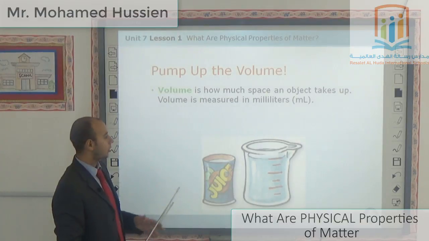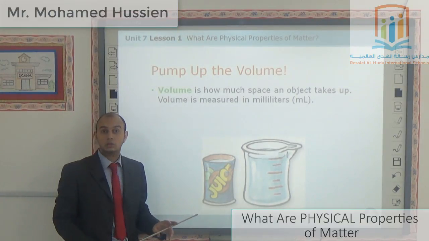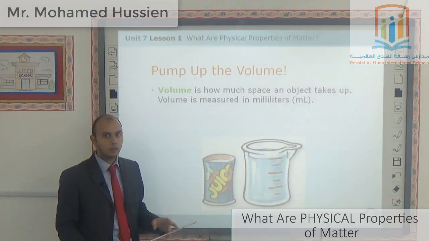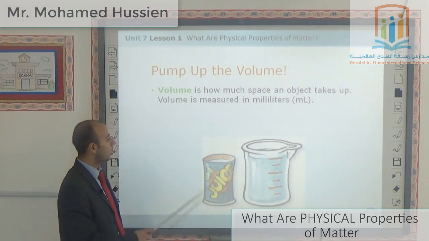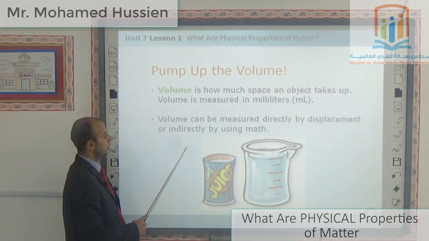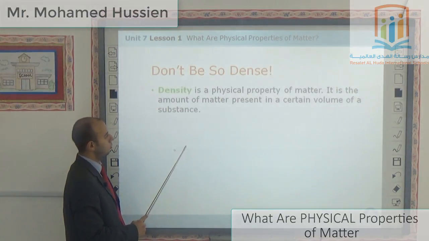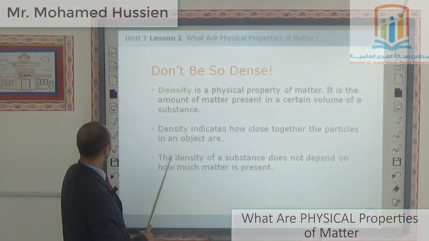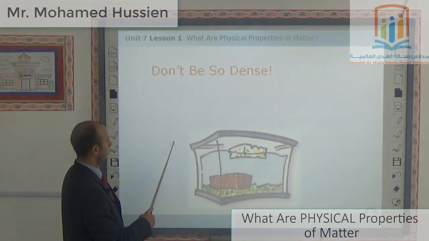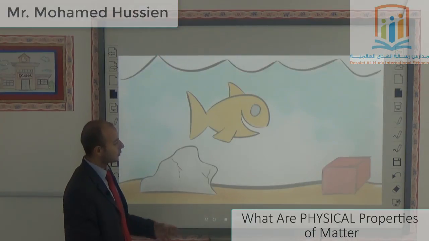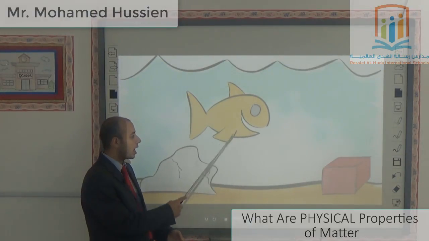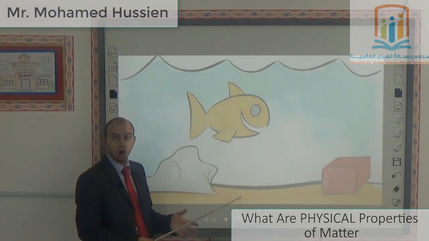And now we are going to speak about how you can measure the volume of an object. So how can you measure the volume of any object? First, we have two different shapes of objects.